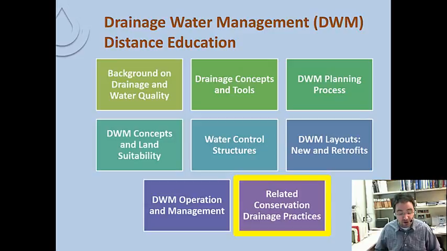So hopefully you got something from this module, and I think all the rest you'll get more in depth into the drainage water management concept. This was to provide an overview, give a context of why we're worried about this. Certainly, again, we're worried about the water quality side from the nutrient loss from our drainage system.